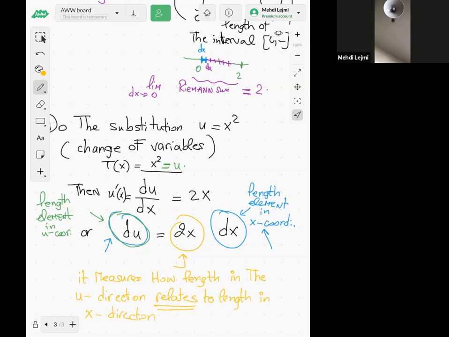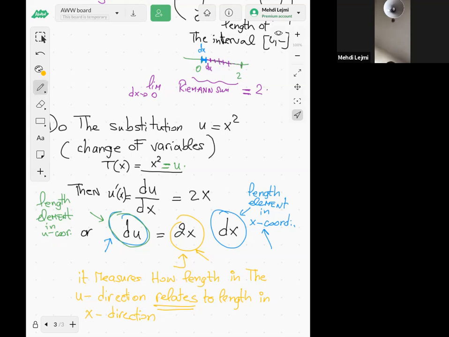What we are saying, guys, is that the relation between the two length elements is given by this 2x. That's exactly the relation, or the ratio. So this 2x represents the infinitesimal length distortion factor, in other words, the relation between your length elements in the x and the u coordinates.